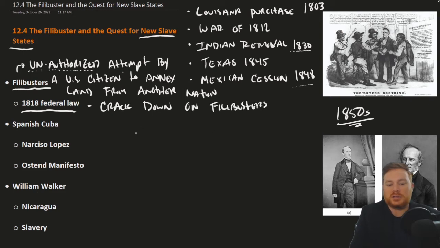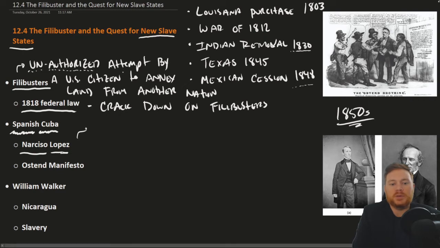But nonetheless, it continued. One piece of territory that continued to be in the crosshairs of the United States was Spanish Cuba. Before the Civil War, but even after the Civil War, there was an effort by a filibuster, Narciso Lopez. I forgot how to pronounce his name. But anyways, he was Venezuelan, I believe.